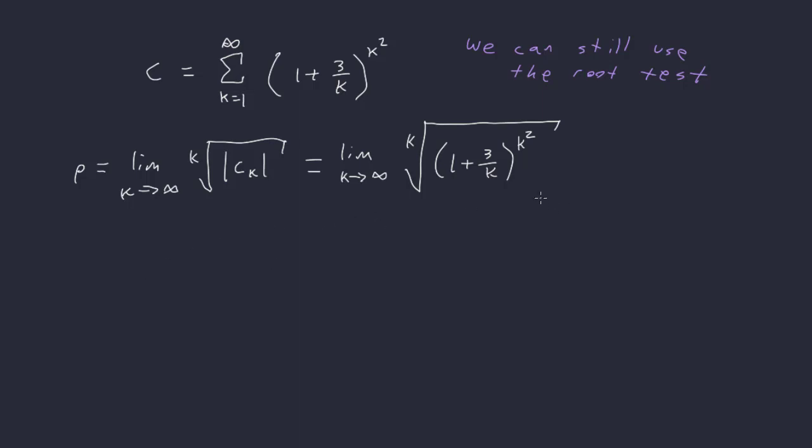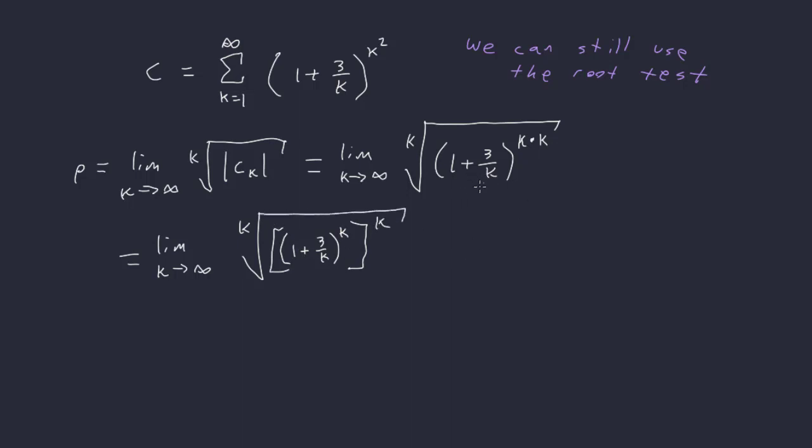Something to the k squared, that's the same thing as saying this is raised to the k times k. And that's the same thing as saying this. It's the limit as k goes to infinity. We'll write that part to be the kth root of 1 plus 3 over k raised to the k, and then this whole thing itself raised to the k.